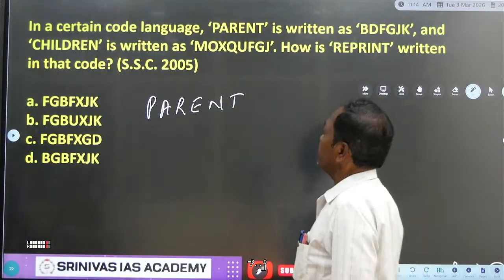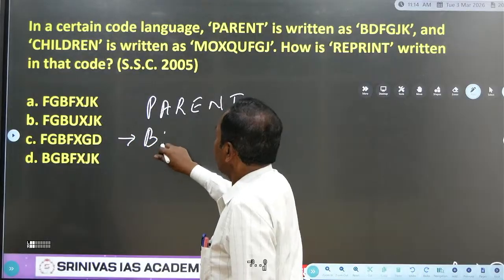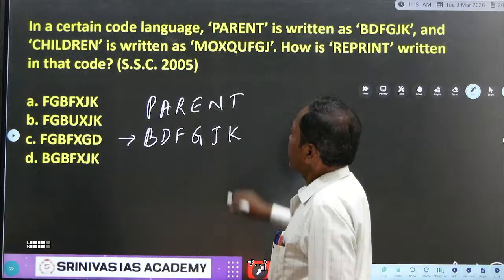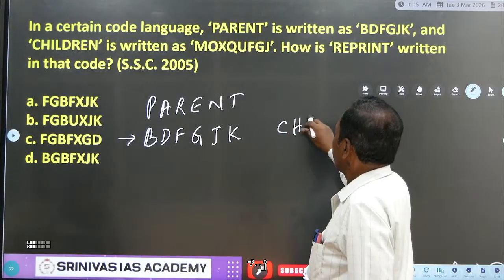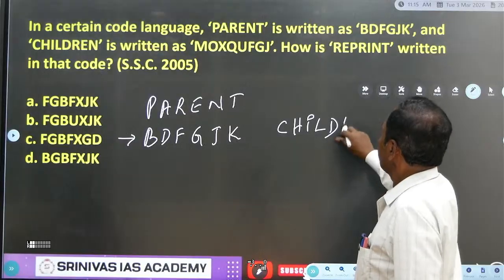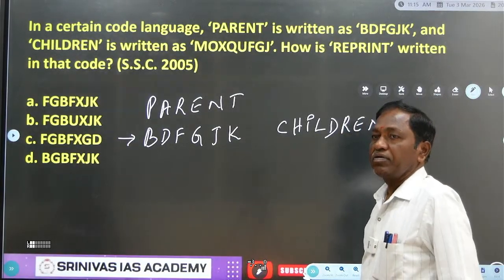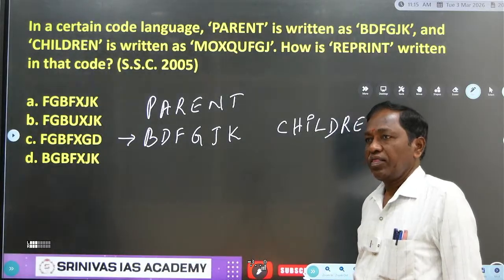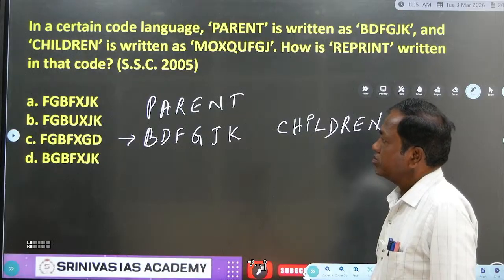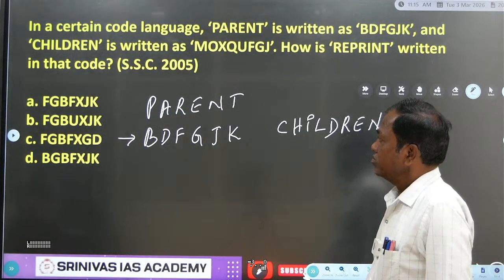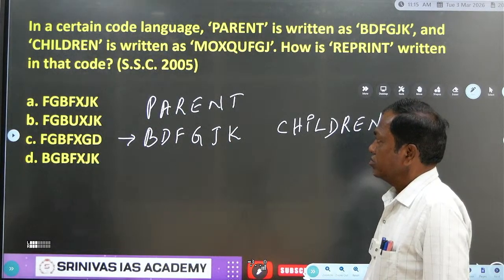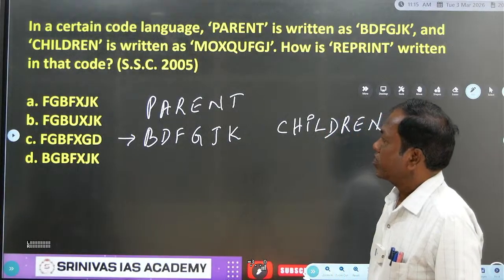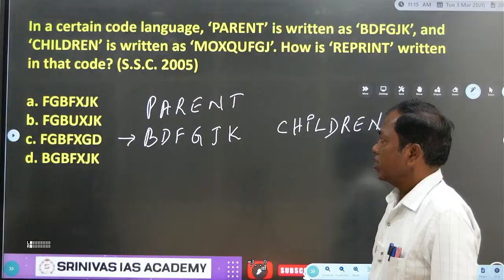Parent is written as BDF GJK. Now we can try and solve that.